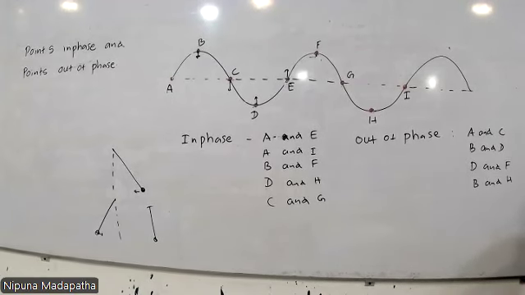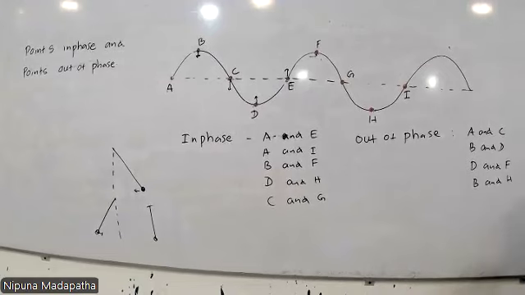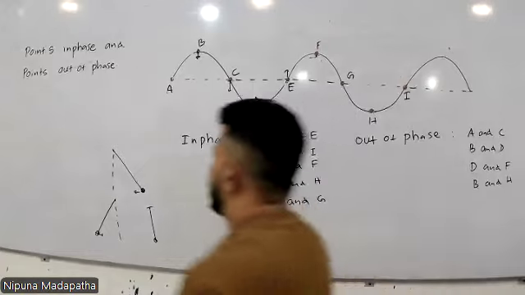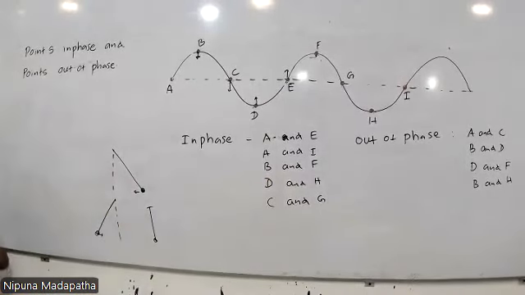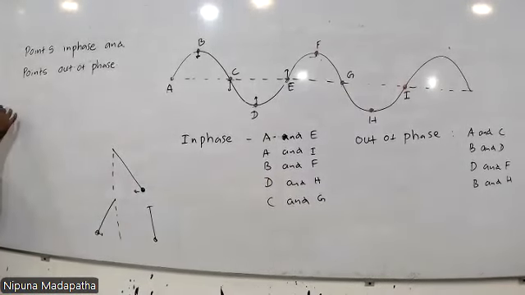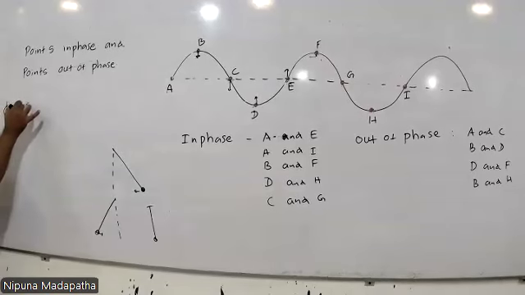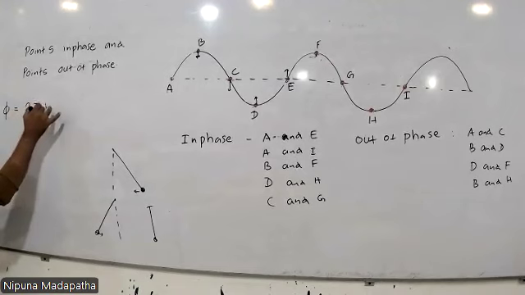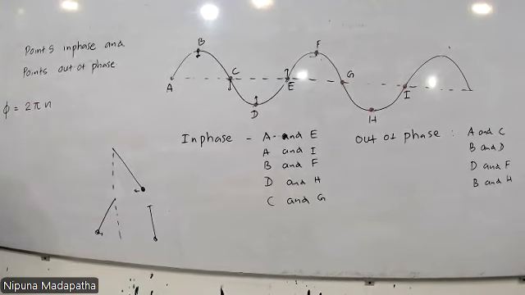Phase difference is given by the expression 2 pi n.